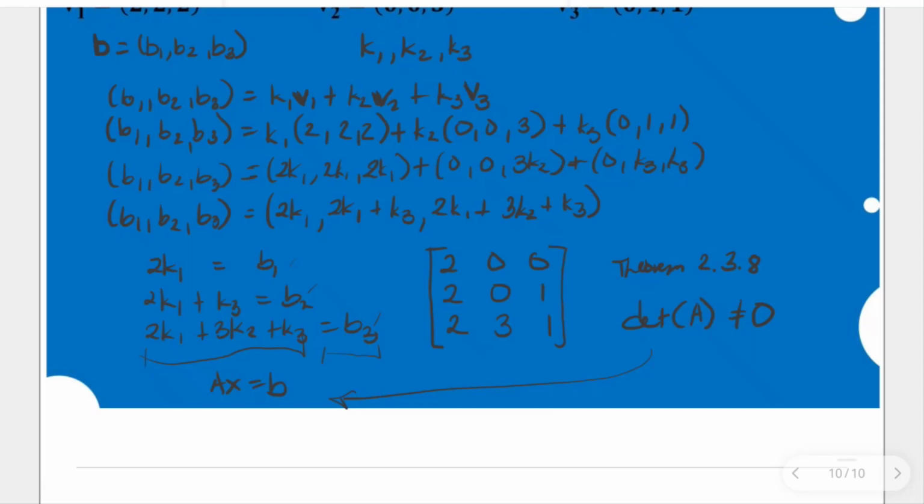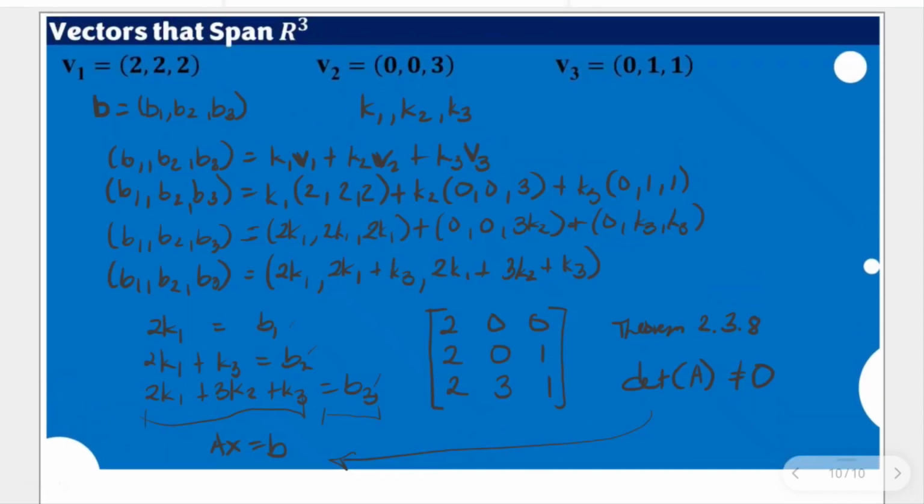This would mean that certain values for k sub 1, k sub 2, and k sub 3 exist, which tells us that the b vector is a linear combination of v sub 1, v sub 2, and v sub 3. Hence, it fits the idea that these three vectors span R3. That's the only thing we need to consider here.